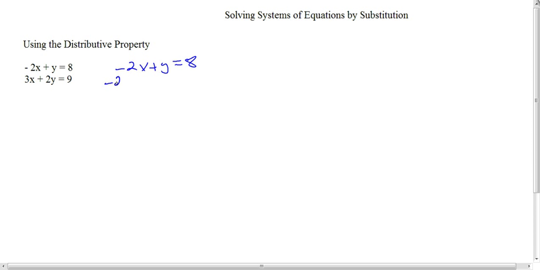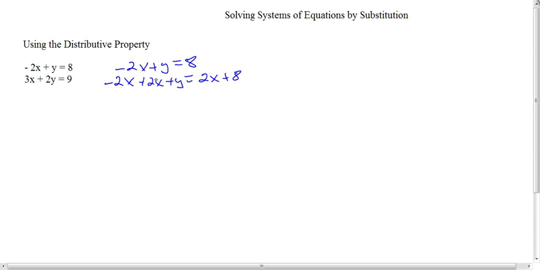So that'll be a negative 2x, plus 2x. I keep saying y, but I'm talking about x. Plus y is equal to, and I'm adding 2x plus 8. So again, I want to solve for y.